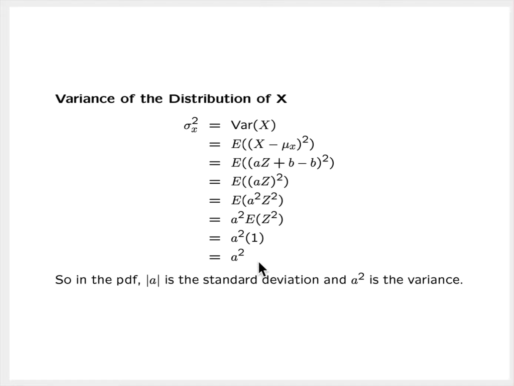So remember that in defining X from Z, A was the slope of that linear relationship. And so A squared turns out to be the variance of the distribution of X. The absolute value of A turns out to be the standard deviation of the distribution.